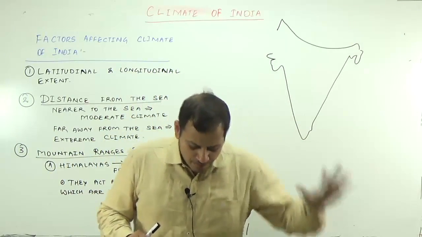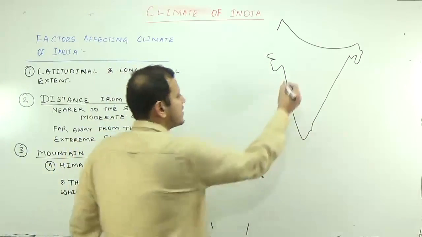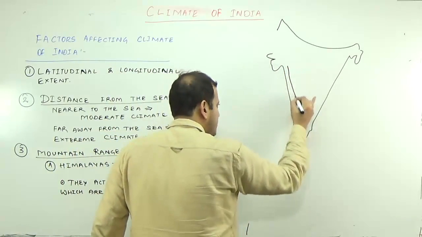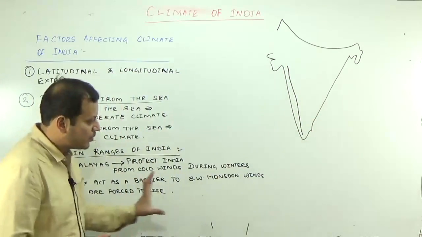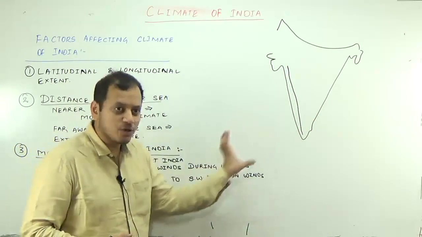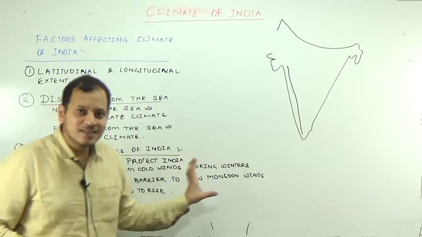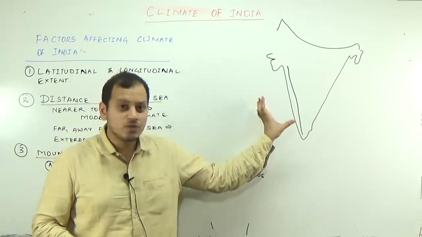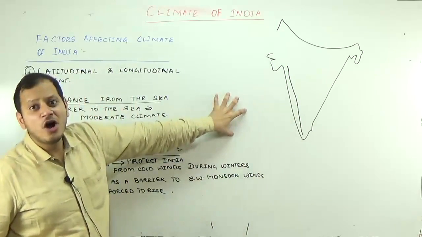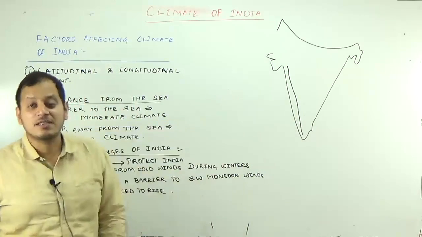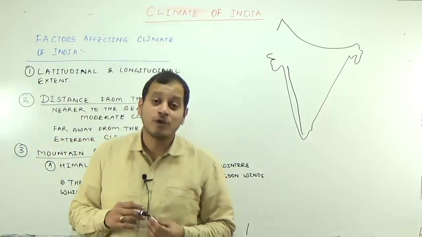Now, the Western Ghats, look at the distribution of the Western Ghats. They act as the barrier to the incoming southwest monsoon. These winds come during the summer season, so they are extremely hot winds.